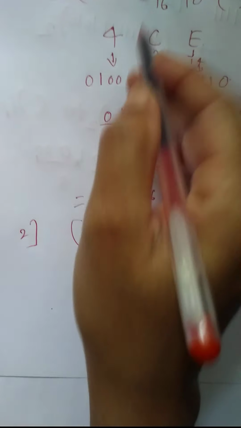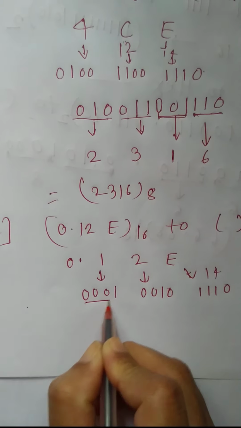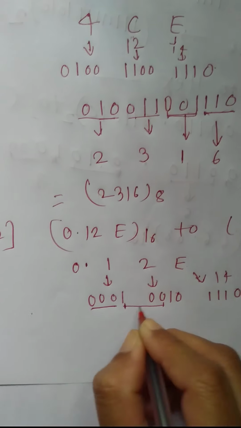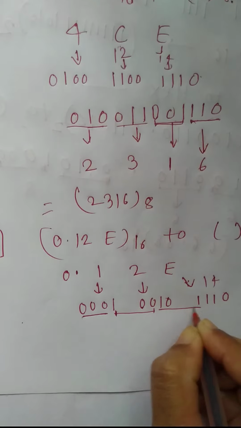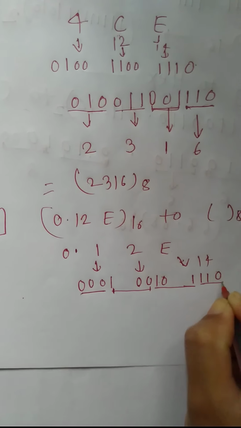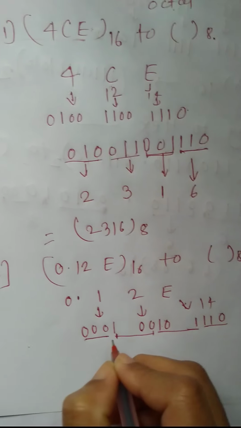If there is no point on the left-hand side, grouping starts from LSB to MSB. This is the first group, 0 0 0, then a 3-bit group, and the next 3-bit group. No extra 0 is added, since the 3-bit groups are complete.